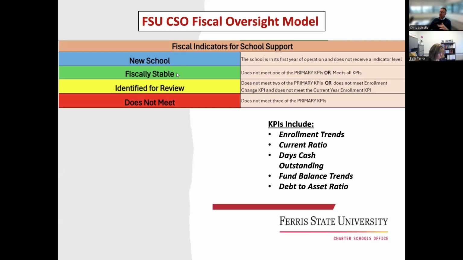Then once you get out of the new school category, we identify you as either fiscally stable, and that's when you are only missing one of the primary key KPIs, or you're meeting all of your KPIs; identified for review, and that is when you are not meeting two of the primary KPIs, or you're not meeting enrollment KPIs that we have, and I'll explain; or does not meet, when you're not meeting at least three of the primary KPIs.